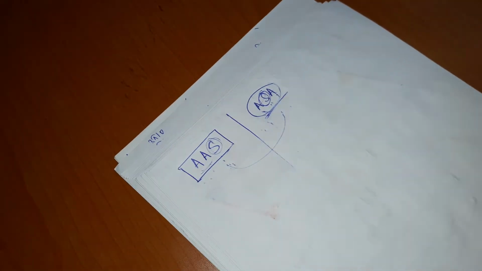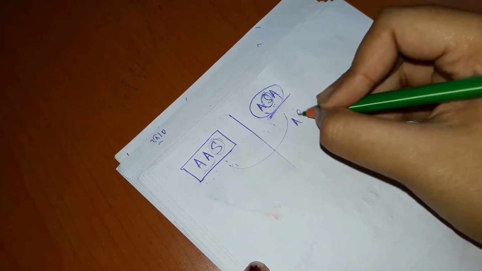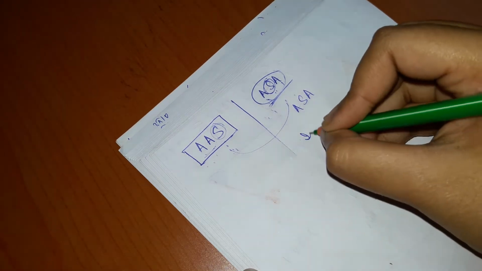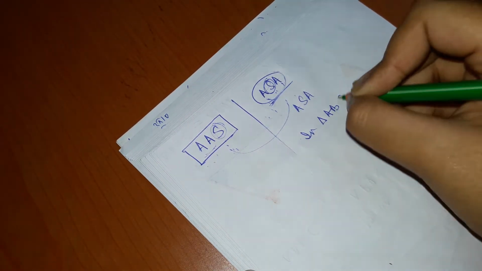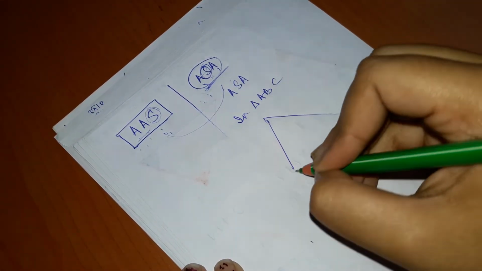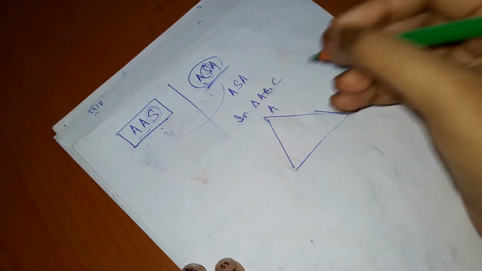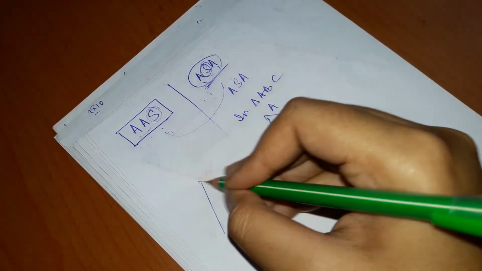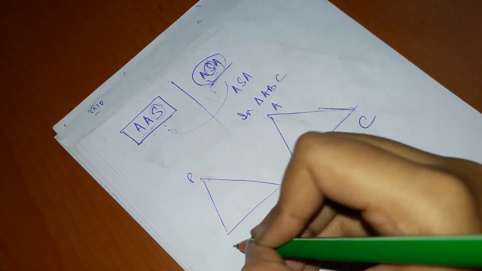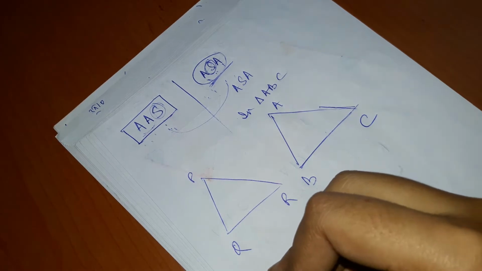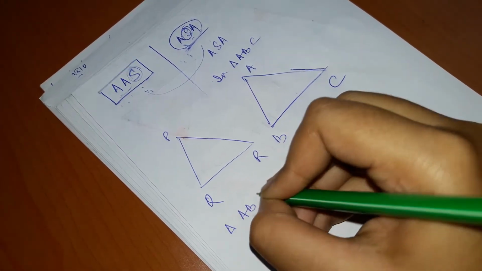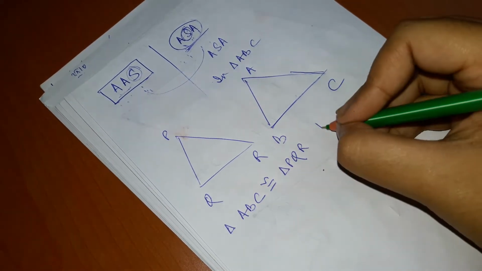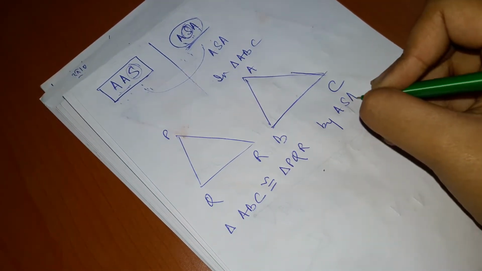What does this mean? If you remember, for ASA, for congruency of two triangles, say triangle ABC, I am drawing triangle ABC. Suppose this is congruent to triangle PQR by ASA congruency.